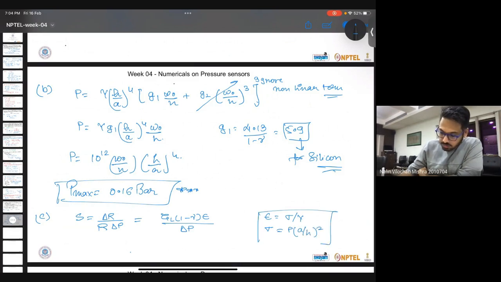So, putting these two values in this, we'll get sensitivity is GL by Young's modulus 1 minus Poisson's ratio A by H whole square. And after solving it, we'll get the numerical value as 1.2102.5 millivolt per bar.